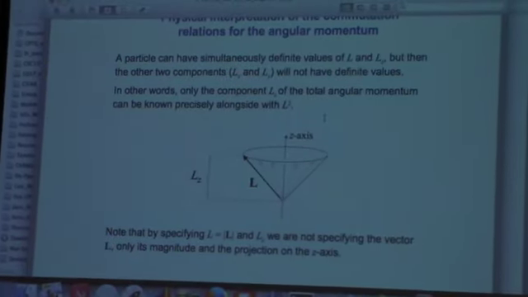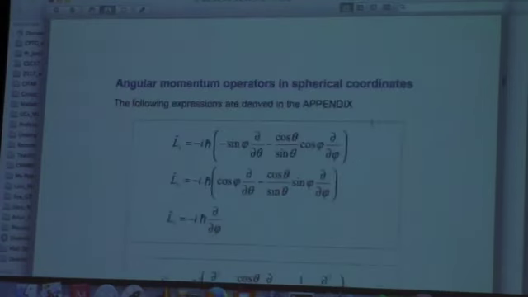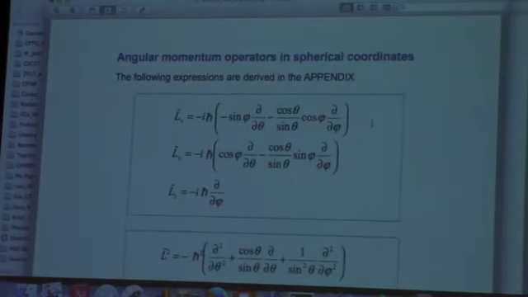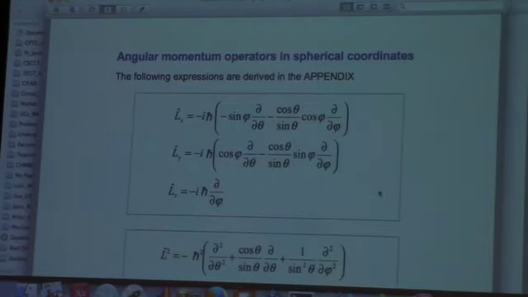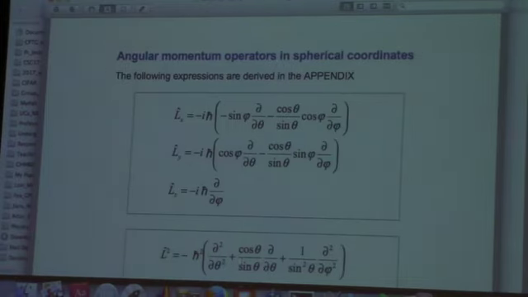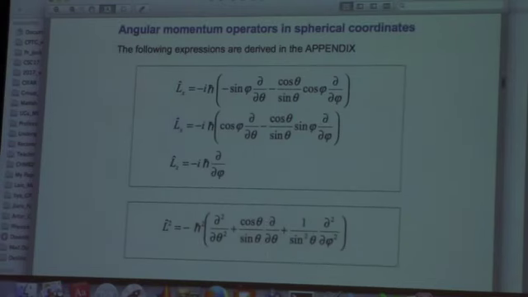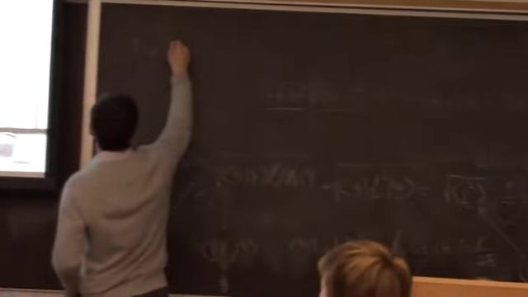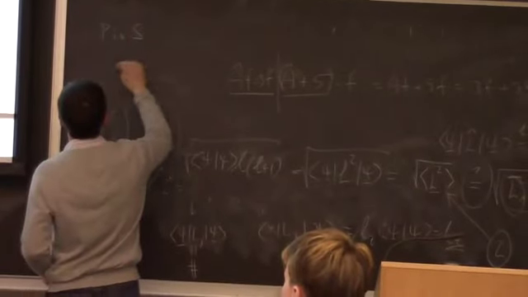Okay, so this is about angular momentum. Let's get back, and there are spherical coordinates that you can go into and define what L squared is. Now, why do we want to do that? Just to remind you, particle on a sphere, that's the problem we are considering, right?